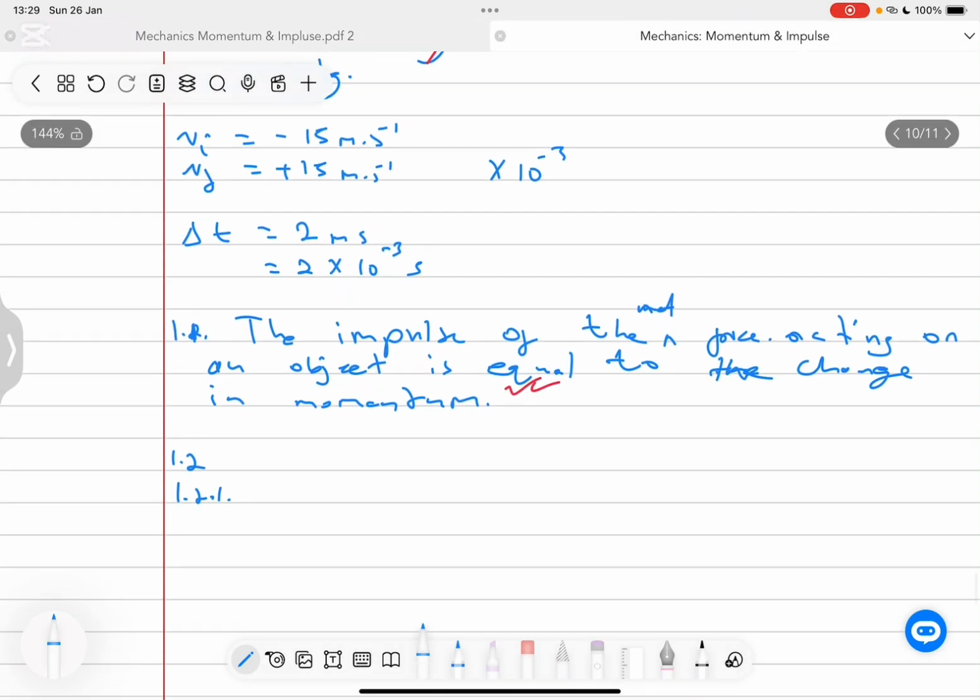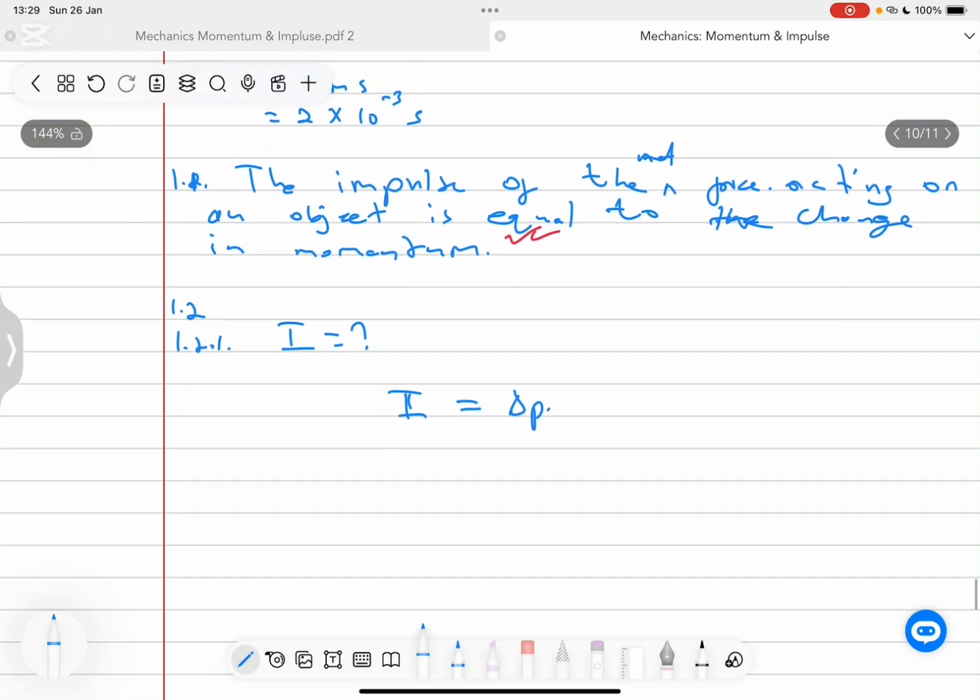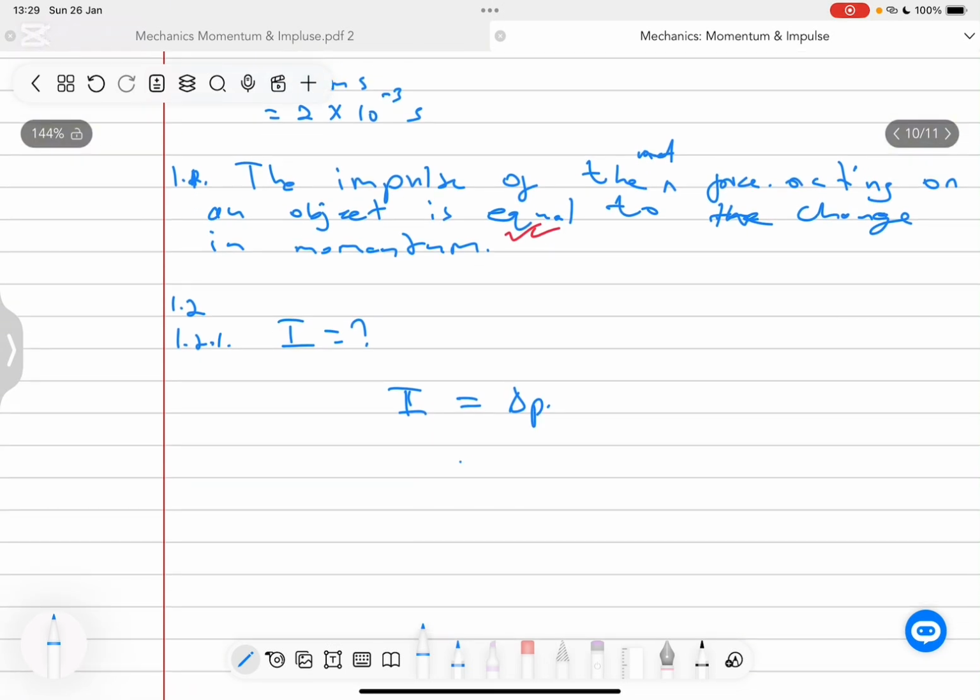But we know from the impulse momentum theorem, remember that we are requested to find impulse, that impulse is equal to the change in momentum, right? So now the change in momentum, we know that is defined as the mass times the final velocity minus the initial velocity.